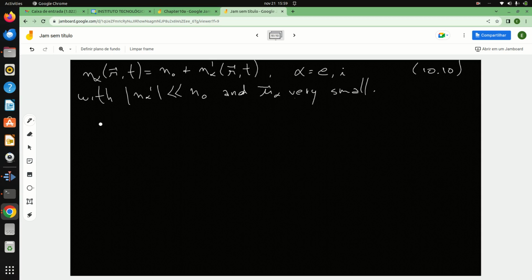So the linearized continuity equation will be this. We have already shown this one.